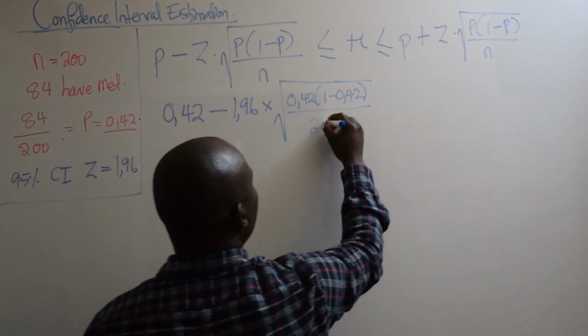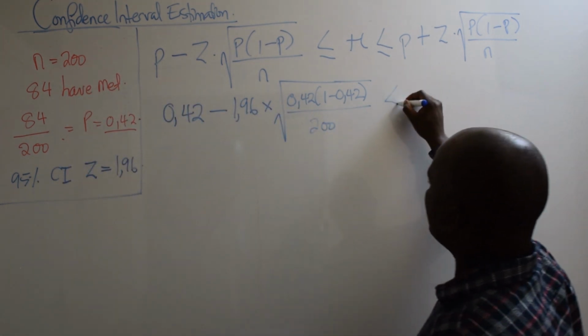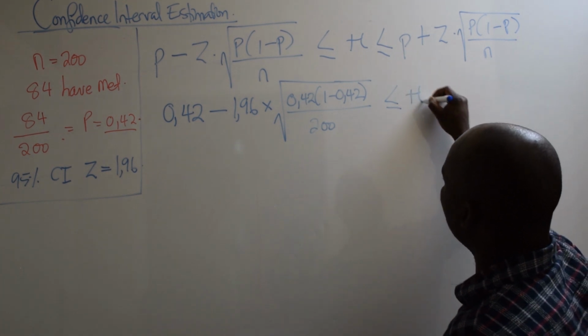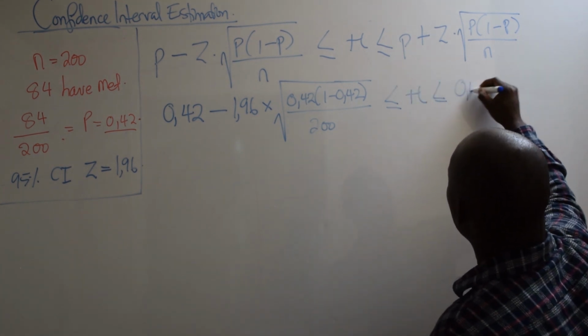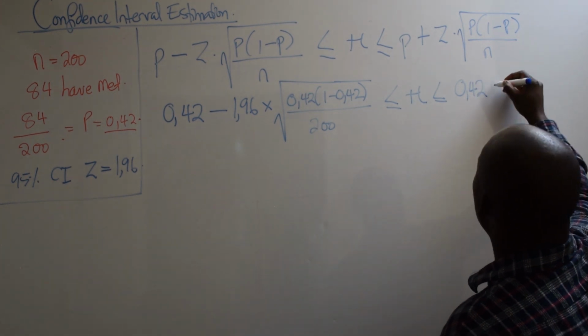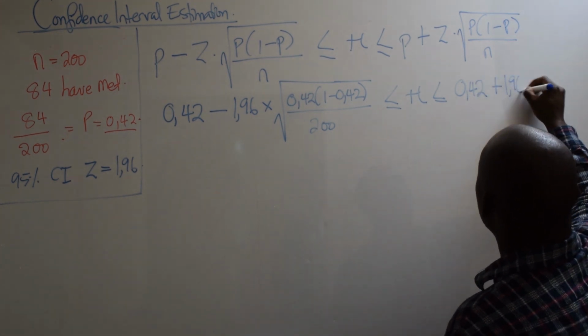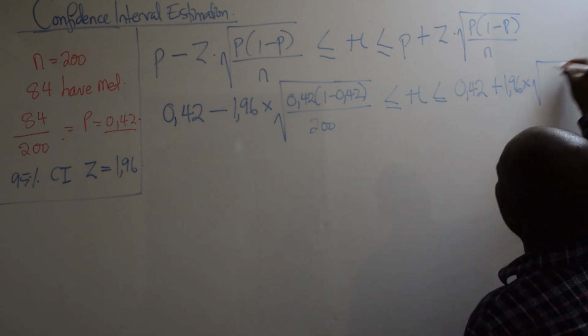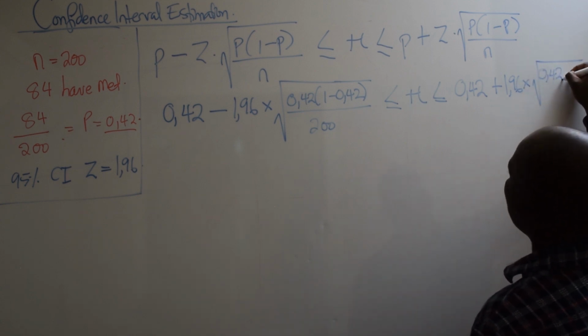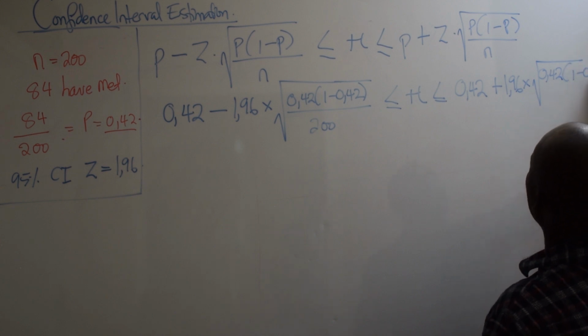Our N is 200. And then this is less than or equal to the pi, which is less than or equal to 0.42 plus 1.96 multiplied by the square root of 0.42 times (1 minus 0.42), all over 200.